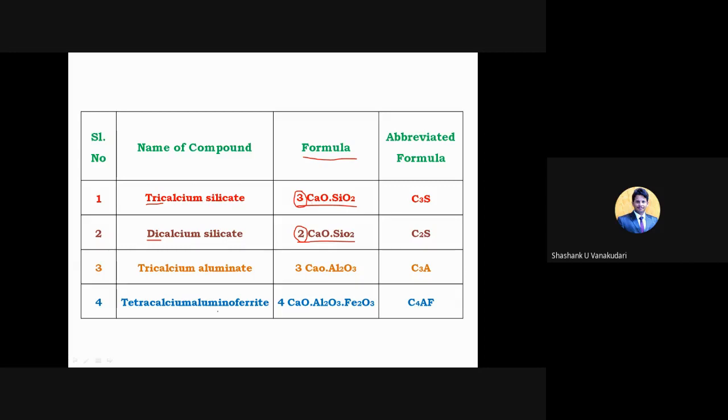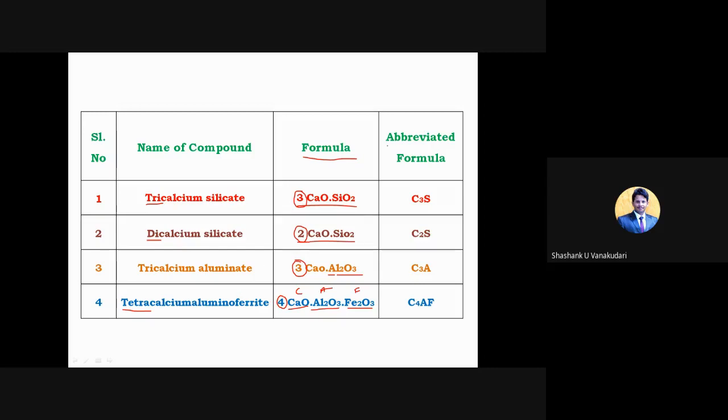Similarly tricalcium aluminate: again it starts with 3, then CaO, and then Al2O3. And then tetracalcium aluminoferrite, this is a bit lengthier one. Tetra stands for 4. So 4 calcium, alumino and then ferrite. Now you can note down in this way.